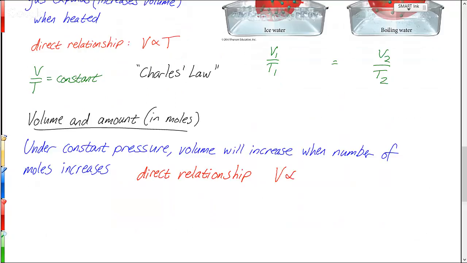So volume increases as number of moles increases. And that just kind of makes sense. You know, blow up a balloon, it increases. So why is it number of moles and not mass? What's going on with that?